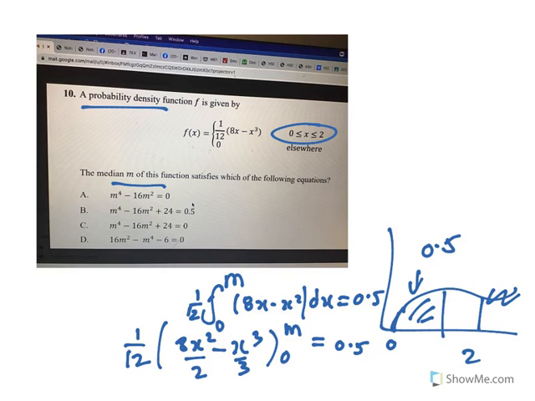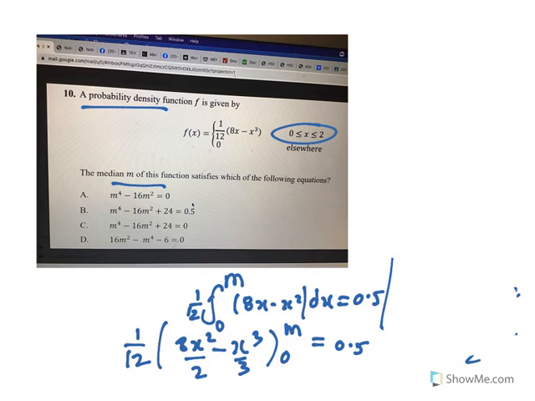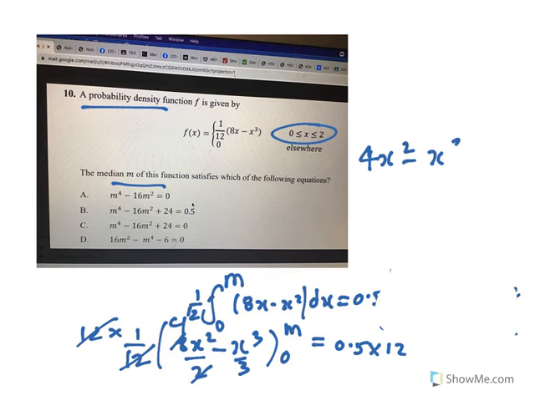So that means that I'm going to multiply by 12 on both sides there. So that means we have 4x squared minus x cubed on 3, and half of 12 is 6. Now if I multiply everything by 3... oh wait a minute, I haven't put the m in yet, have I?